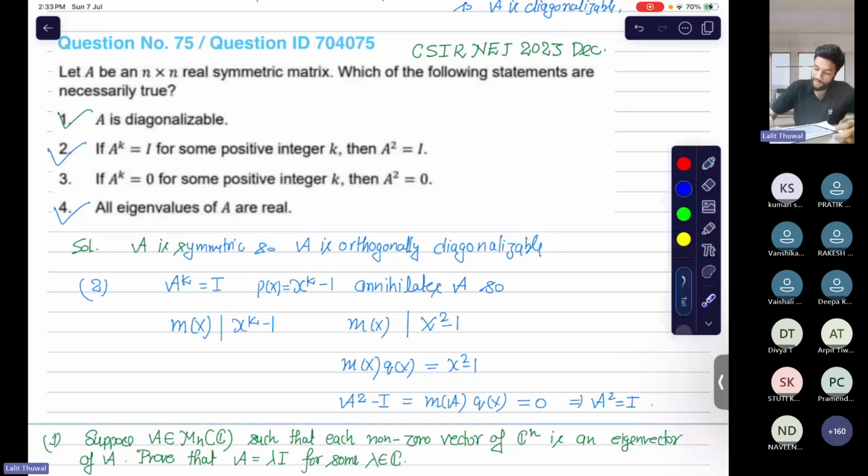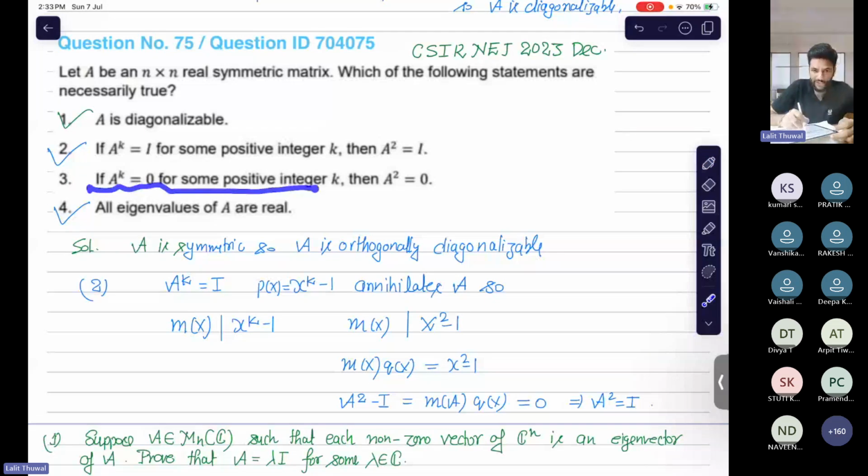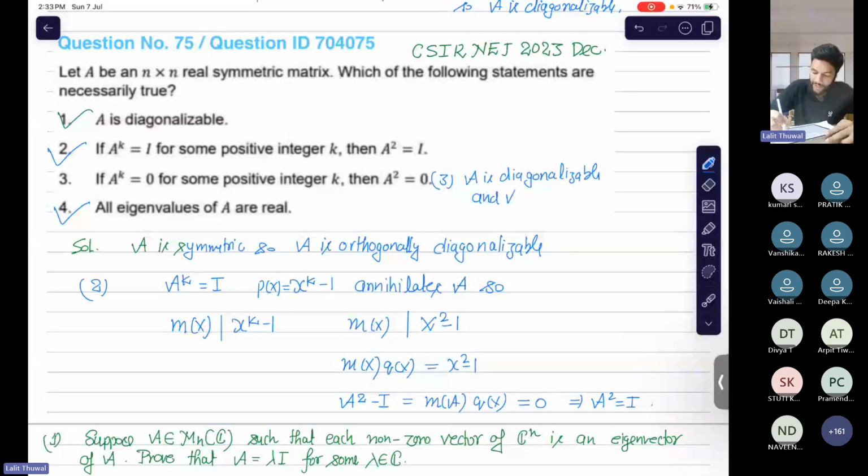Now the third option: if A to the power k equals 0 for some positive integer k, then A square is 0. For the third option, from the first option we have that A is diagonalizable. And the third option says that A is nilpotent.